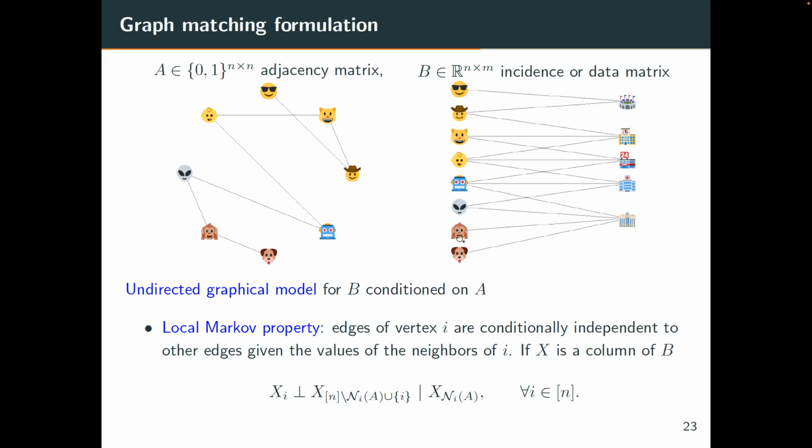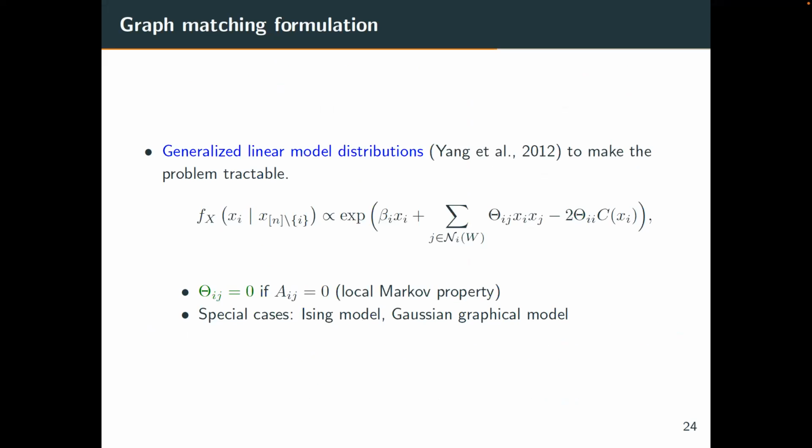Then, as long as we know the choices that the monkey makes, everything else is not going to affect the choices that the dog makes, right? So basically, that's what this is giving. If we know the neighborhood of a vertex, everything else is going to be independent of anything that is not in the neighborhood, right? So that's the way we're going to relate one network to the other.